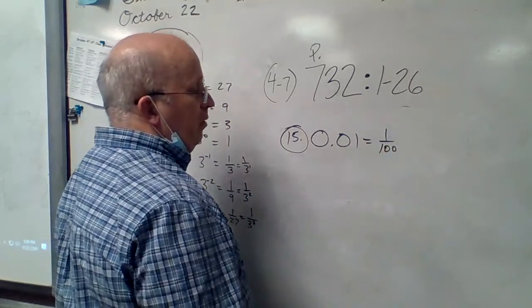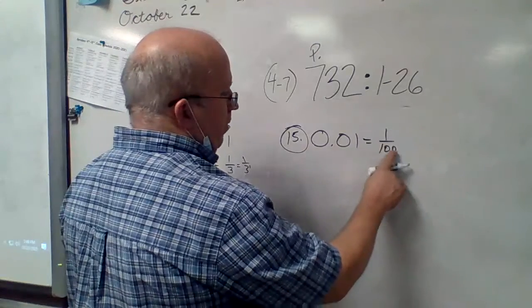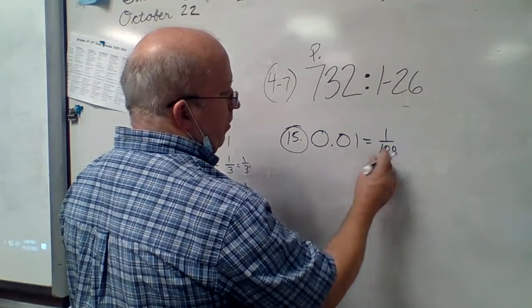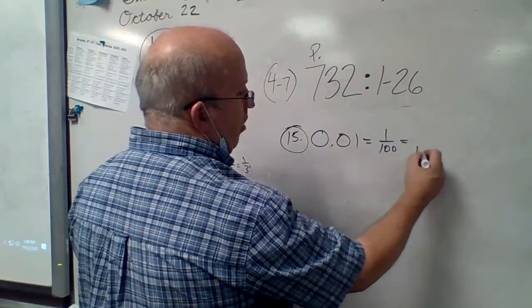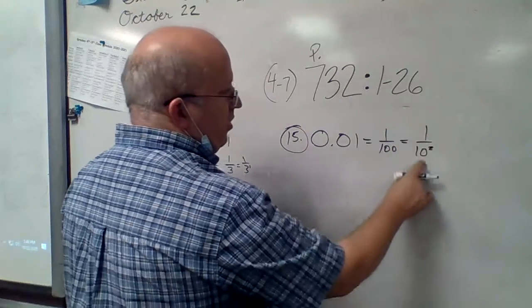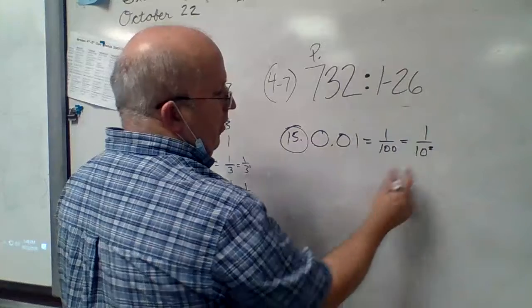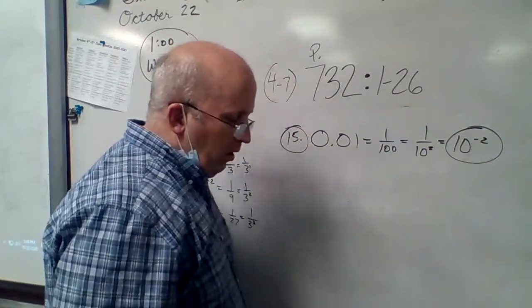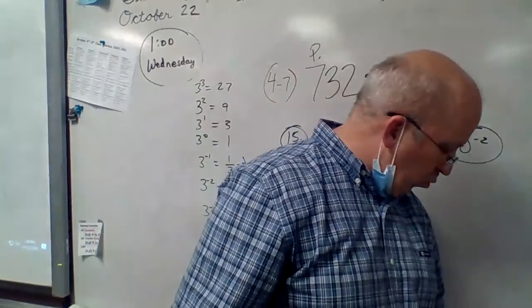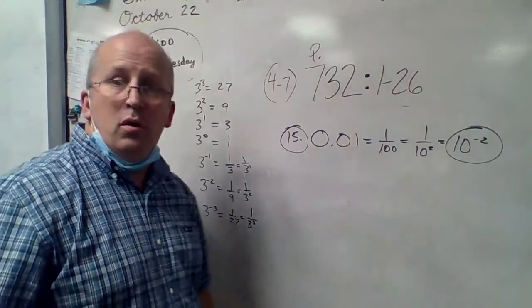Yes, it is. And can we think about this as being an exponent somehow? Well, we could talk about it as 100 to the first power, but isn't it also 10 to the second power? Because 10 times 10 is 100. And then I could change that to 10 to the negative second, and now I have that negative exponent they're wanting me to change it to.